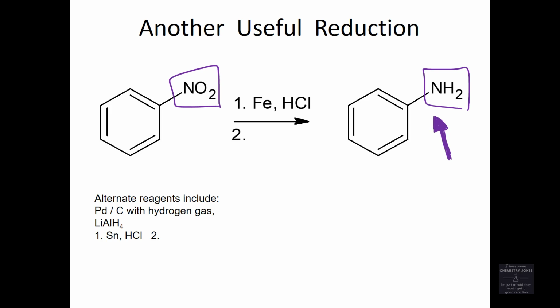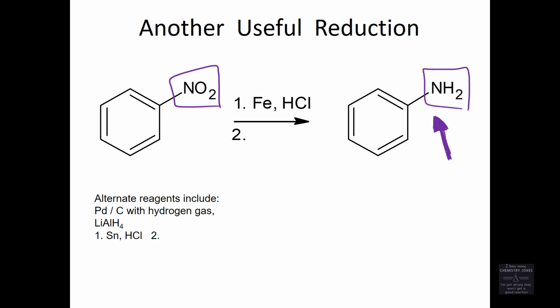The only way to get an NH2 on a benzene is to add it as a nitro and then reduce it. So if we add iron and HCl to this nitro, it will do a reduction, but there's a second step that's missing. HCl is hydrochloric acid, and the first thing you learned about amines is that they are bases.